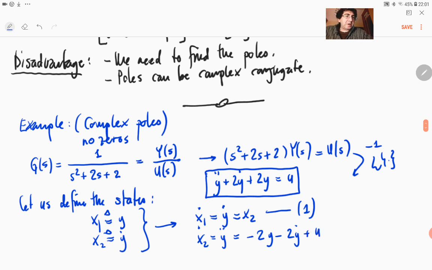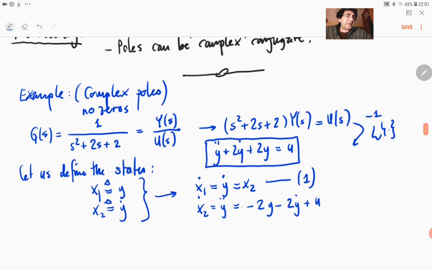Since y and y dot are our states, this becomes minus 2 times x1 minus 2 times x2 plus u, which is equal to x2 dot. So that becomes our second state equation.